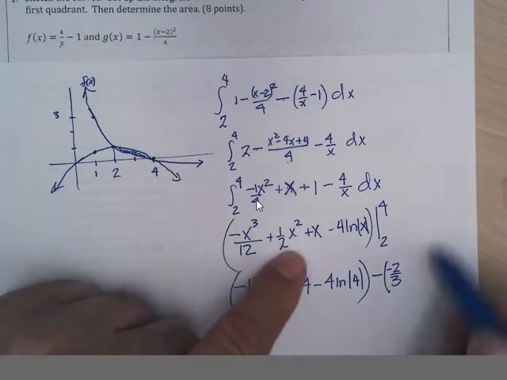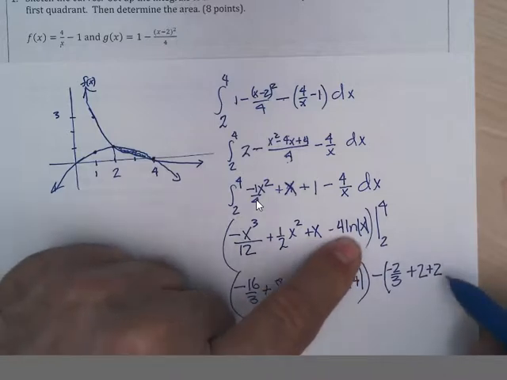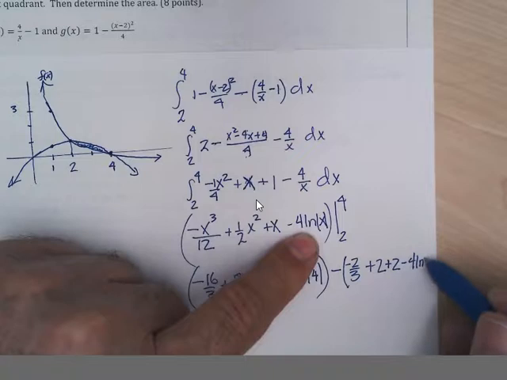Putting 2 in here, I get 2. Putting 2 in there, I get 2. And putting 2 in here, I get minus 4 ln 2.